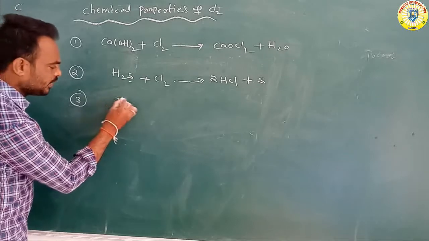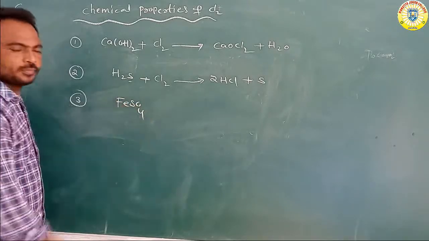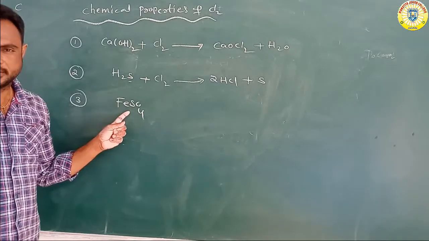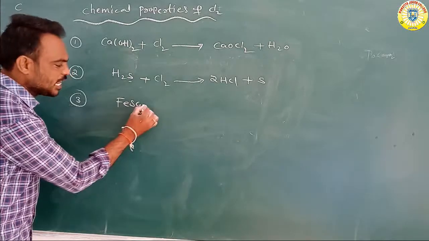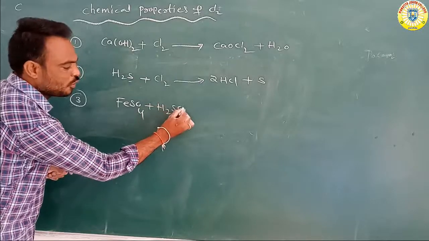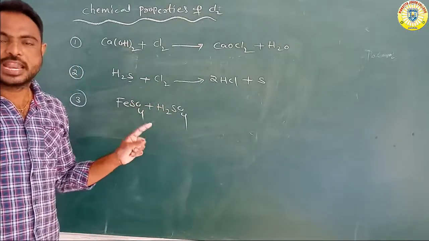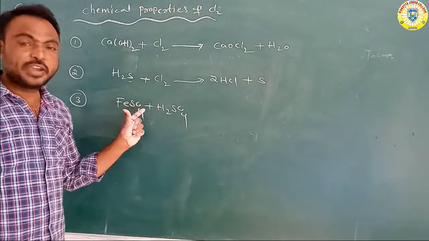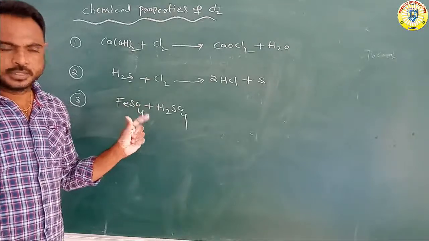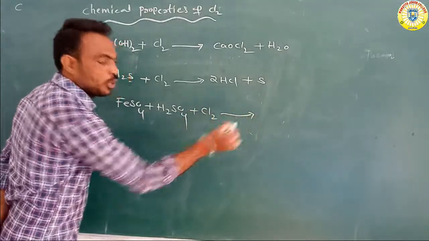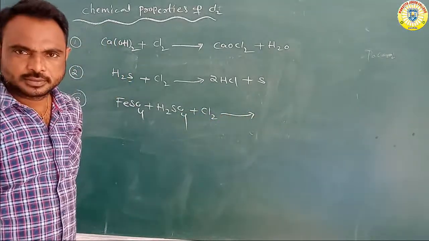Okay, next, the third one, the reaction with FeSO4, acidified ferrous sulfate. So FeSO4 plus H2SO4. The acidic form of FeSO4 is acidified ferrous sulfate. This compound reacts with chlorine gas.